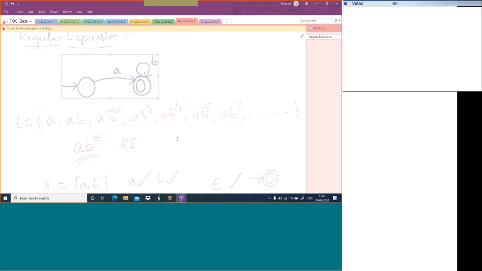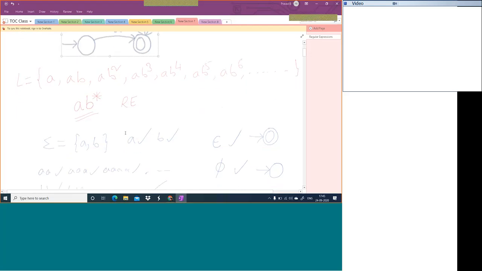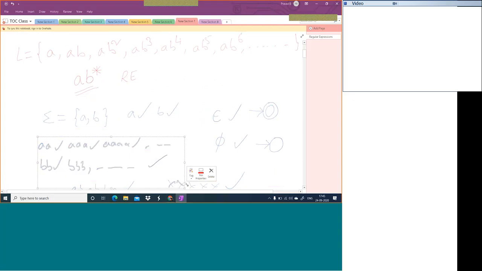So next. Okay. If you take sigma, what is sigma? Input alphabet. Simply the set of inputs.